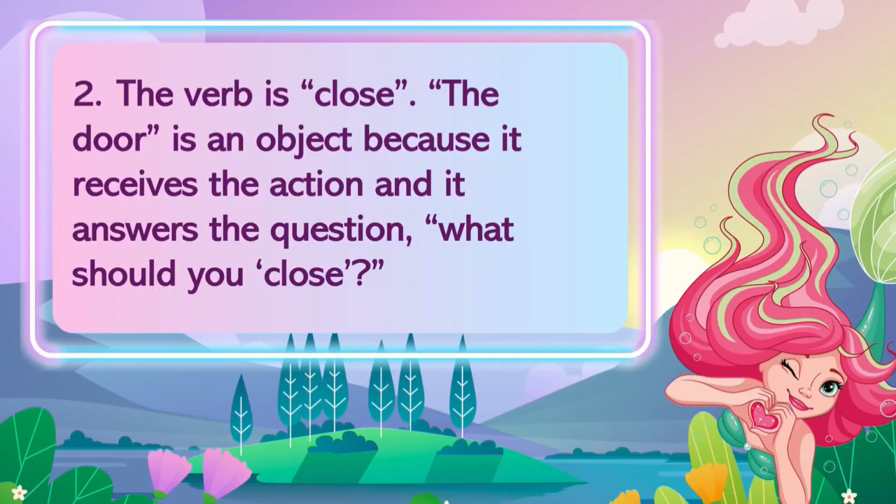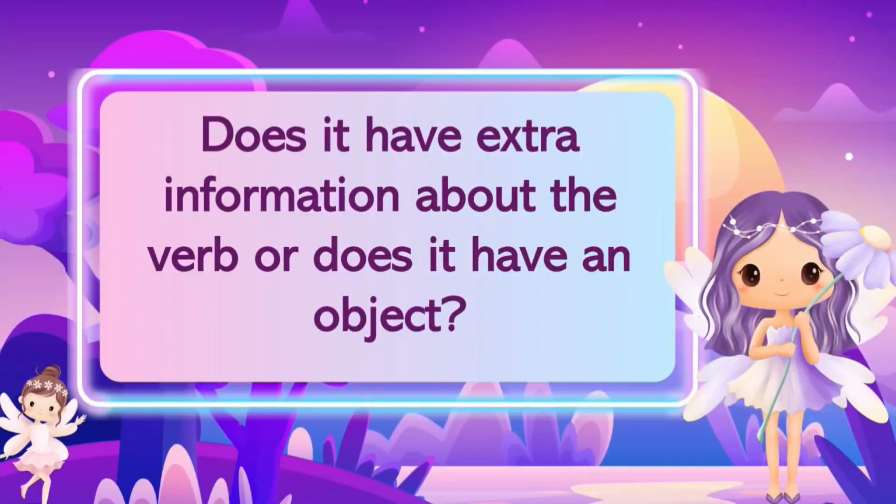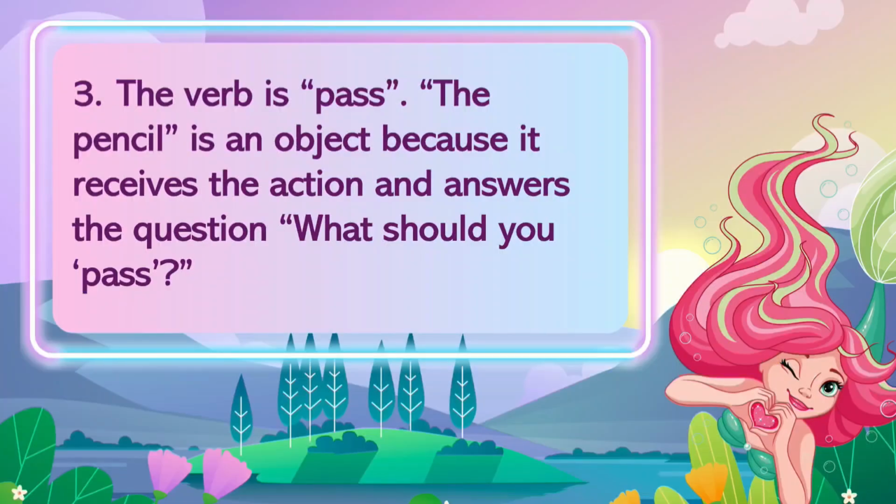The door is an object because it receives the action and it answers the question, what should you close? Does it have extra information about the verb or does it have an object? In number 3 example, the verb is pass. The pencil is an object because it receives the action and answers the question, what should you pass?